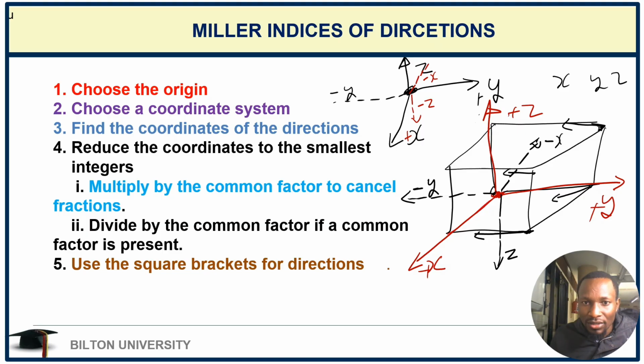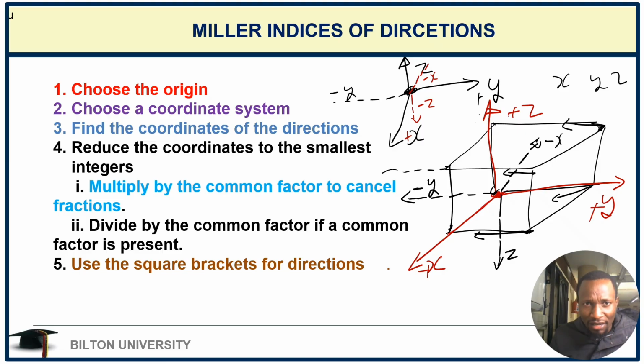But I cannot choose this point, or this point, or up here, with my minus y going towards this direction. No, it will be more difficult to draw, because we want by all means our negatives to be within the cell.